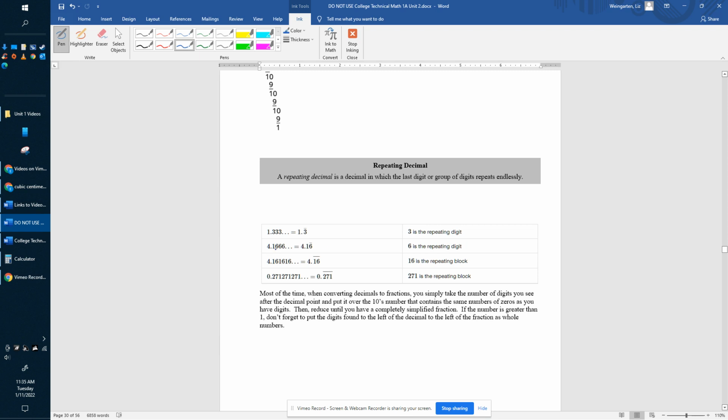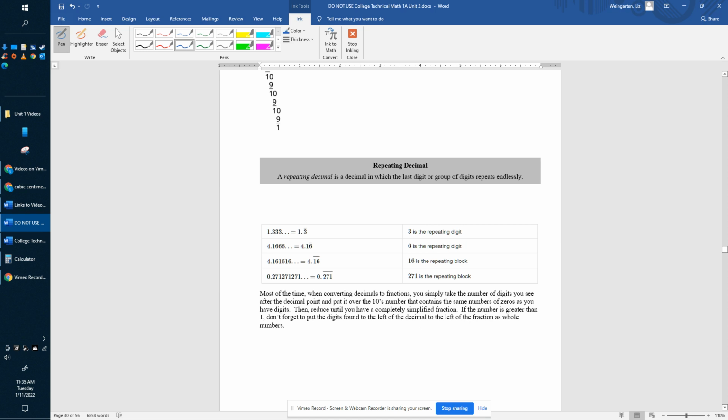We also have 4.16666666 repeating, 4.16, and only the 6 has the line above it. 4.16161616 repeating. Now both the 1 and the 6 have the line above it. You can have as many decimals repeating as there are in the world.